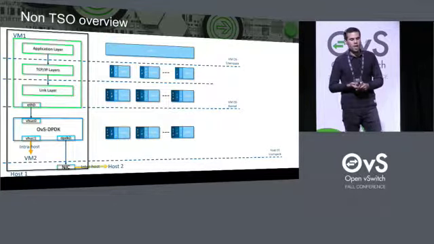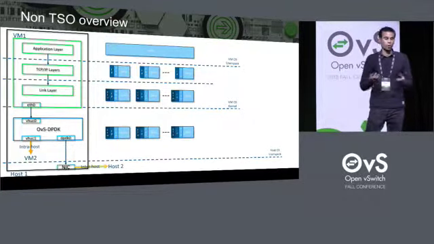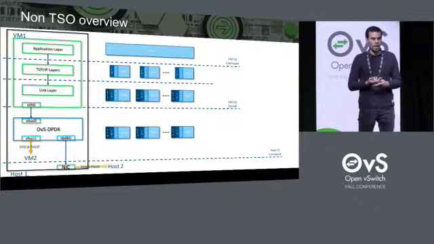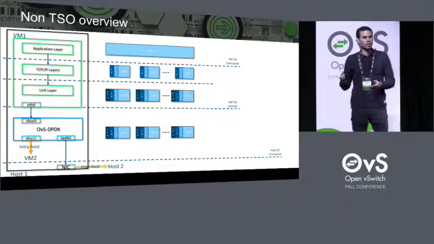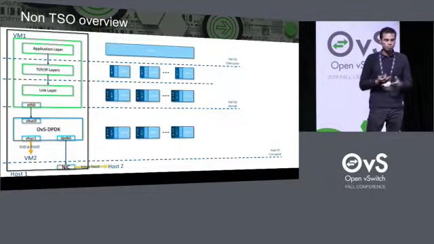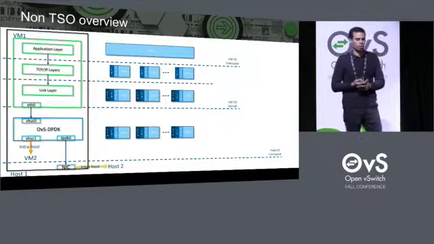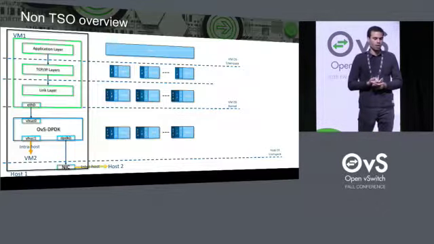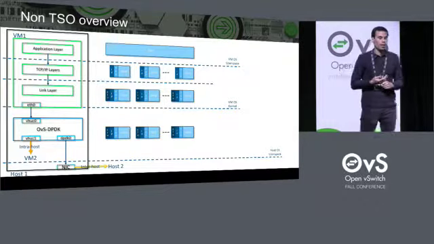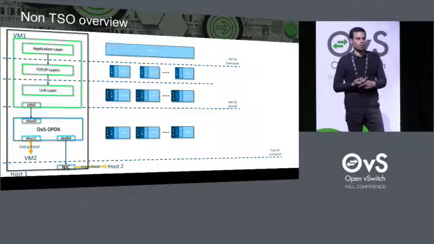And so if a VM is trying to send a large chunk of data, what will happen is that the TCP IP stack running on the kernel within that VM is going to segment that larger chunk of data into smaller segments according to the MTU configured on the virtual NIC of that VM. And later on, it will also perform the checksum calculations on those segments. And these operations are being done in software. So more specifically, they're being performed by the virtual CPU assigned to this VM.